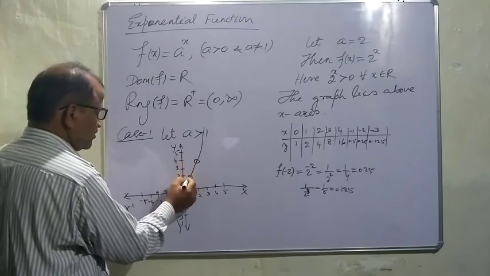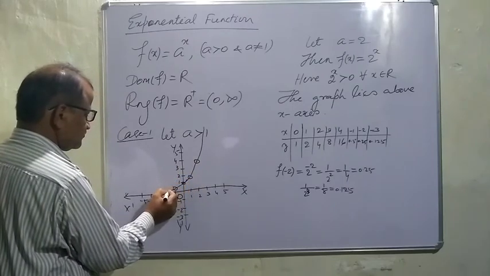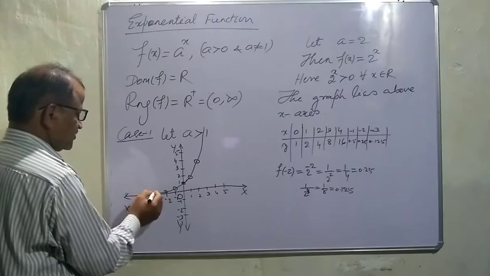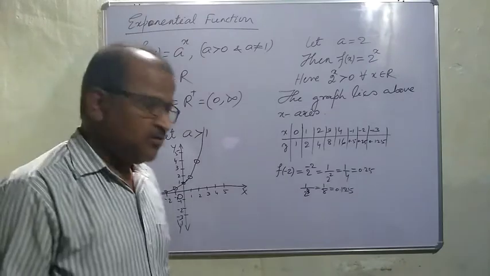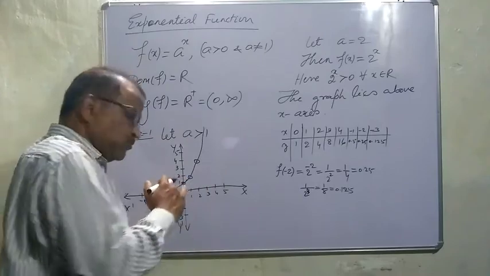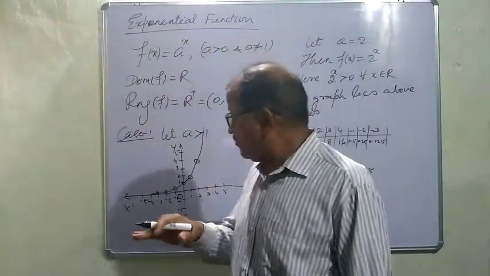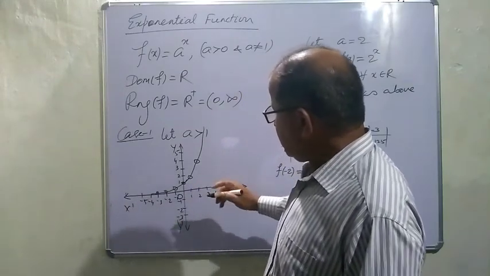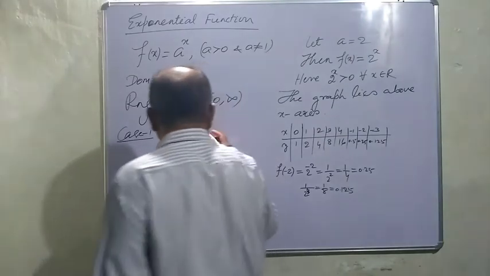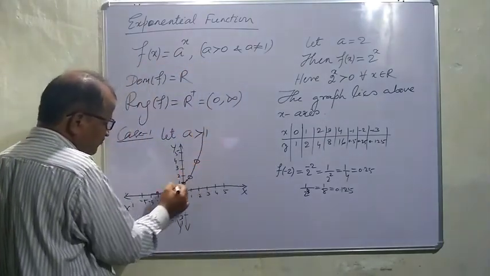That means the curve will be like this. It will never touch the x-axis, but it becomes closer and closer to the x-axis. This is the rough diagram of your function.